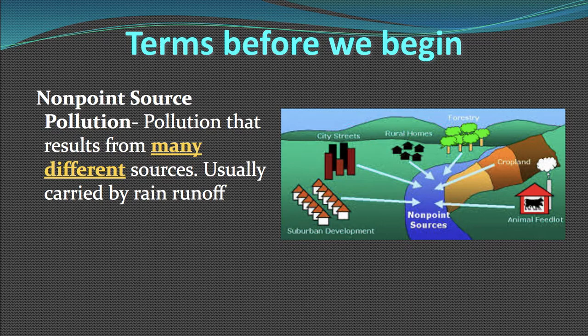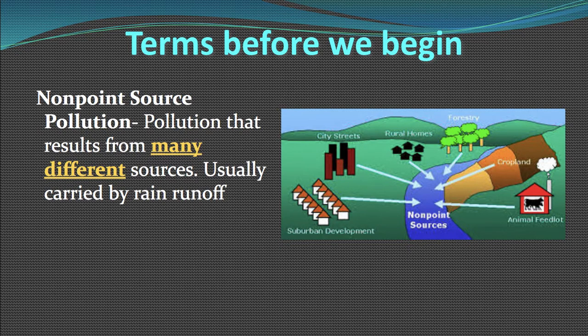We have non-point source pollution. That's our first term. So non-point is pollution that comes from many different sources. So if you were in fourth block, on the early release day, we had that scientist from the USGS, and she came on that Zoom meeting and talked about how she researched non-point source pollution.